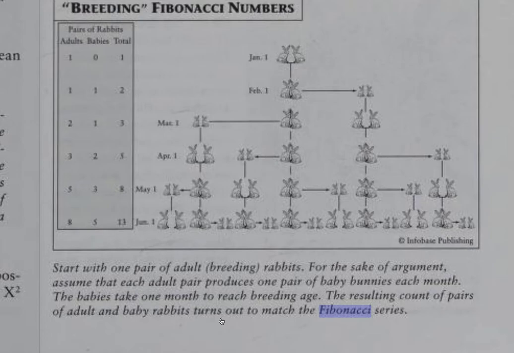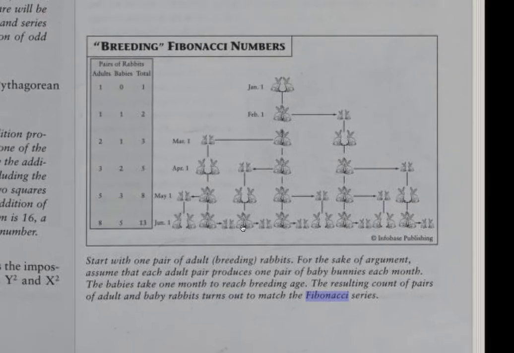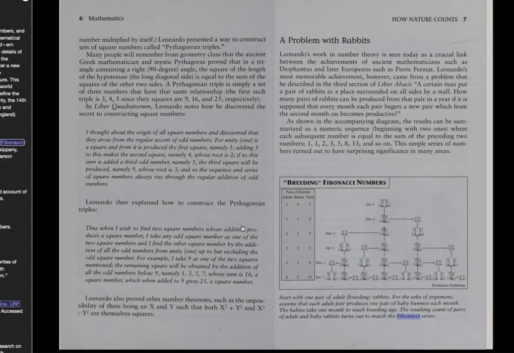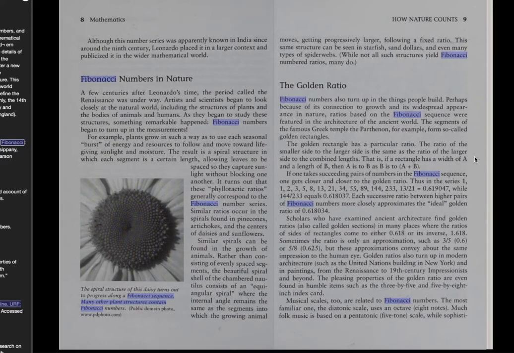Okay, and this is the same for a lot of things. He's using the breeding of baby rabbits as just an example. So human behavior seems to follow the Fibonacci spiral. Okay, and they talk about Fibonacci numbers in nature, the golden ratio. So things that grow a certain way, certain plants grow according to the Fibonacci spiral.